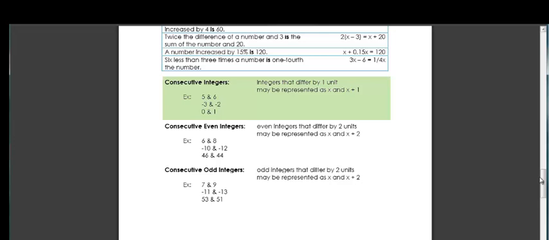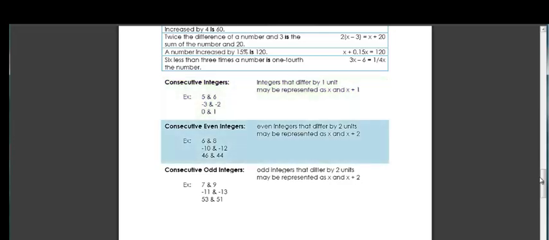So 6 and 7, -3 and -2, 0 and 1. Those are all consecutive integers. And these may be represented as x and x plus 1. So if you're asked to find 2 consecutive integers in a problem, then you might be doing an x and an x plus 1 type of problem.